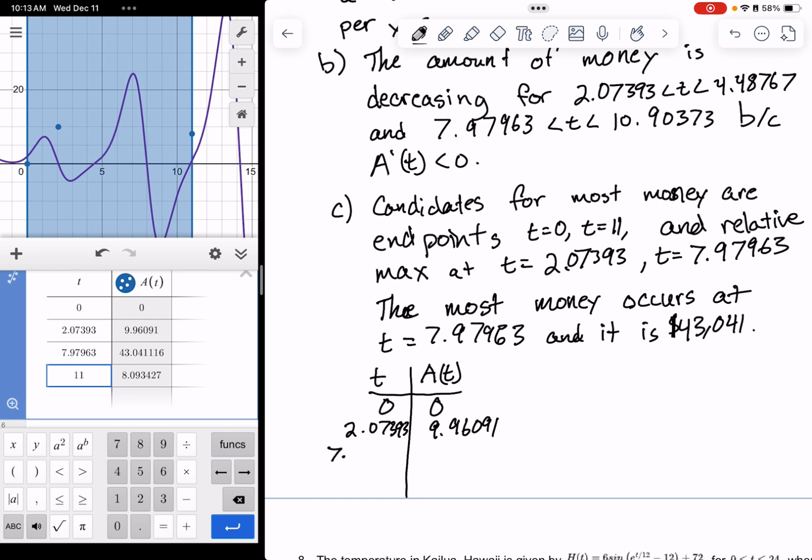And at 7.97963, it is 43.041. And at 11, it's back way down to only 8.0934. Cool. And there we go.